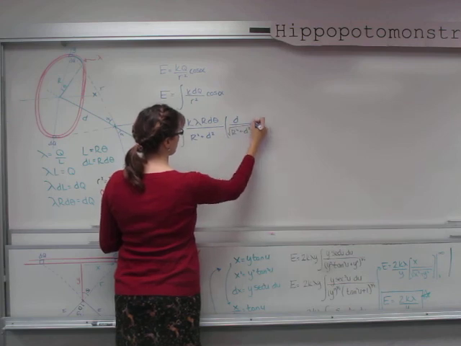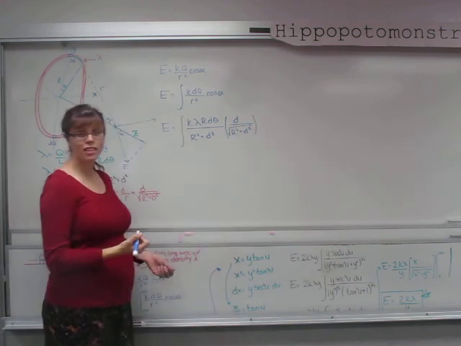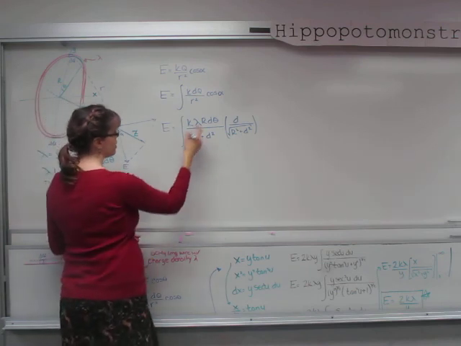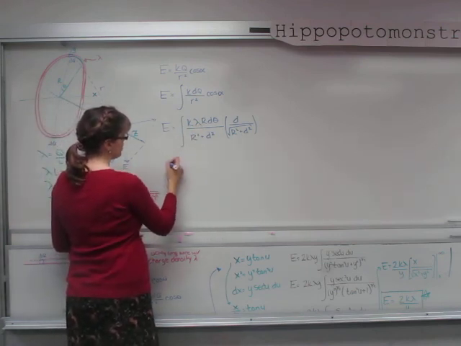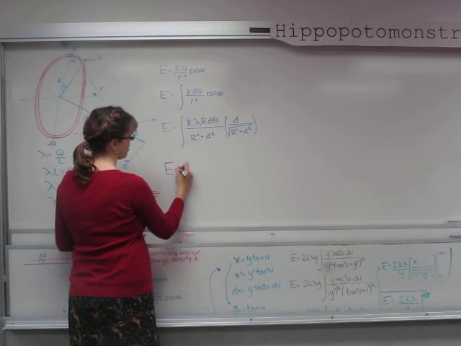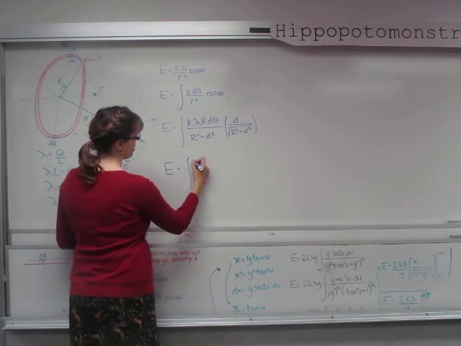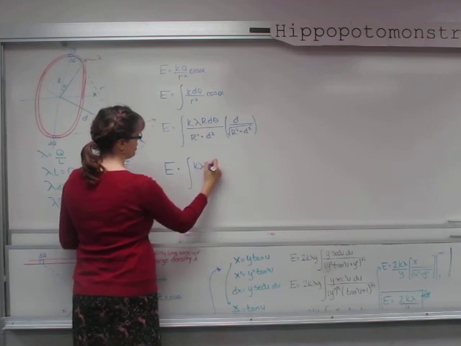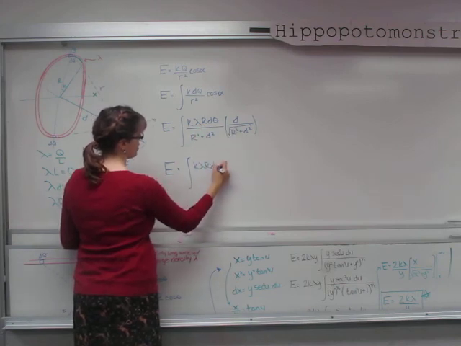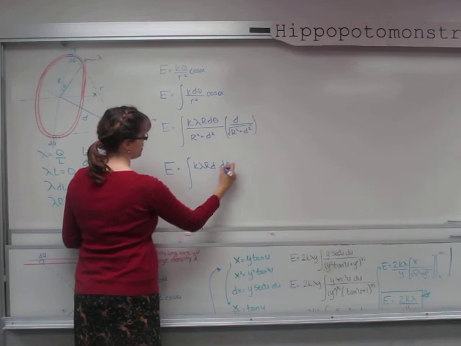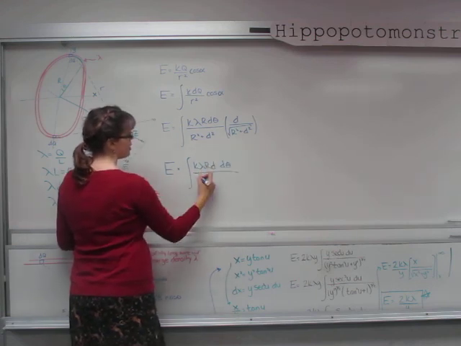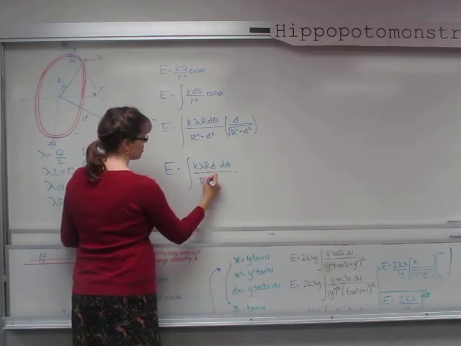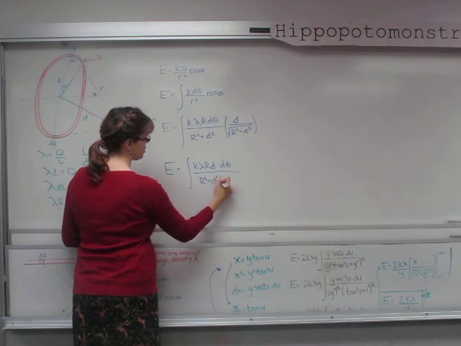Okay, let's simplify and take out the constants. So k lambda r and d d theta, and then this is r squared plus d squared to the 3/2.